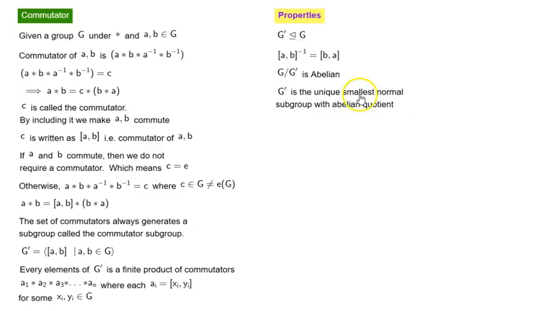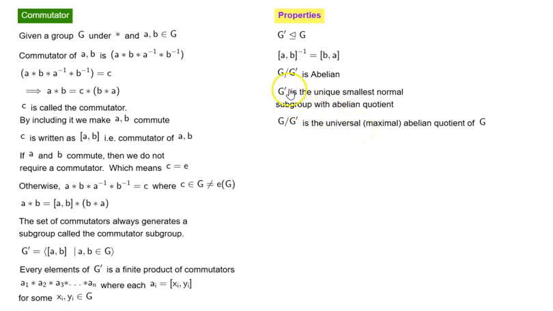G prime is the unique smallest normal subgroup with abelian quotient. Just think about it. It will start making sense. Because remember, G prime contains all the elements of commutators. The quotient group G by G prime is the universal abelian quotient of G. That is the maximal.